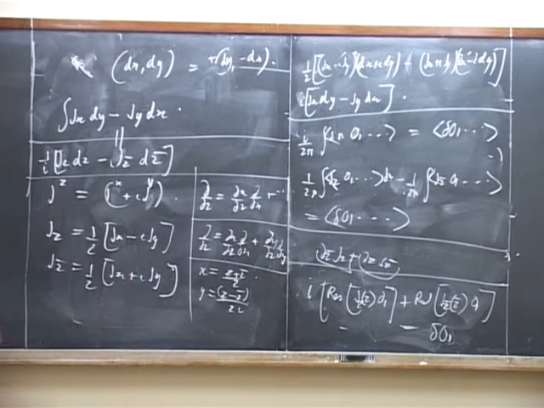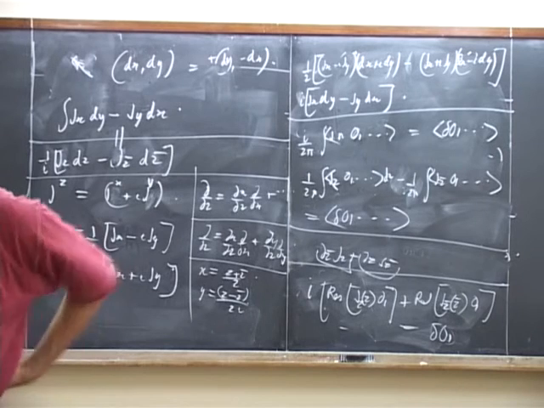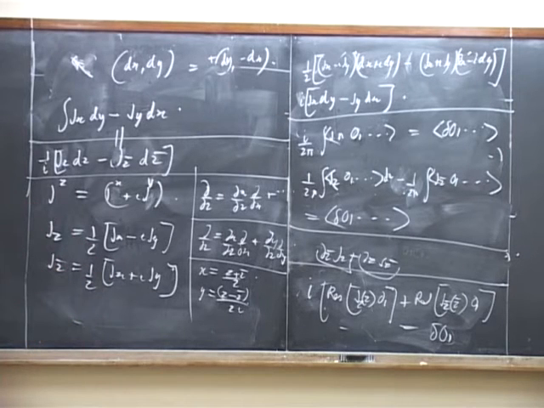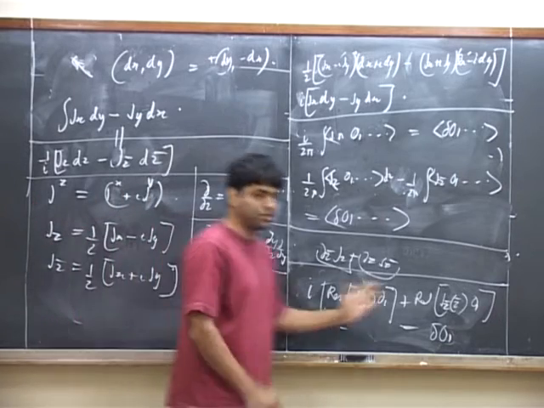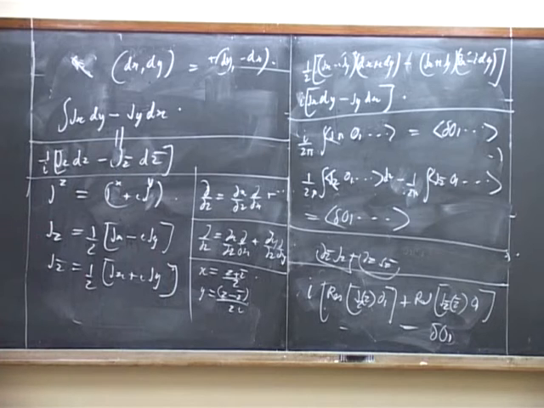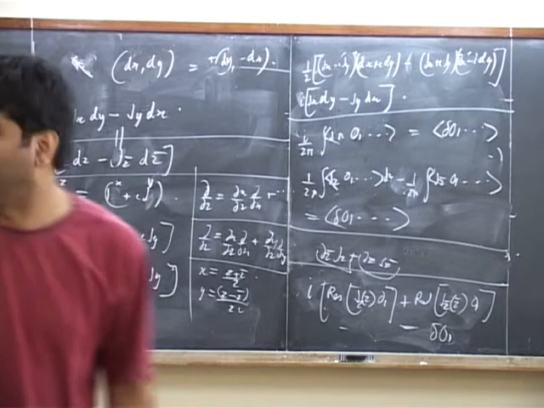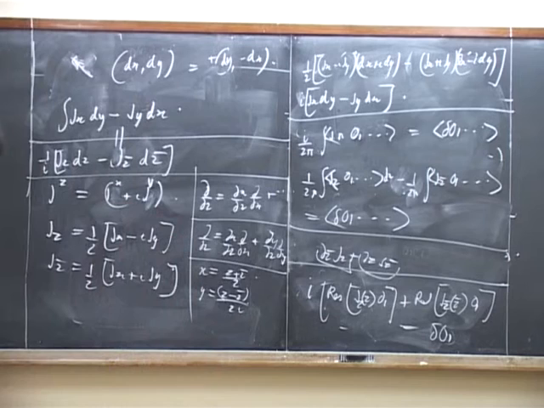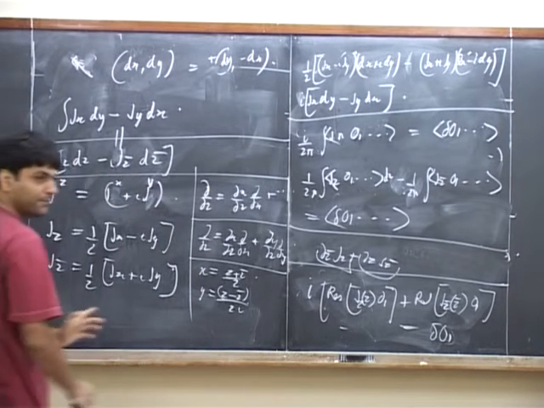All factors agree with my notes, so that's good. Is this clear? This is the conclusion that we reached very hurriedly last time. I've explained it more, taking more time this time. It's the same argument, just taking more time. Is this completely clear?